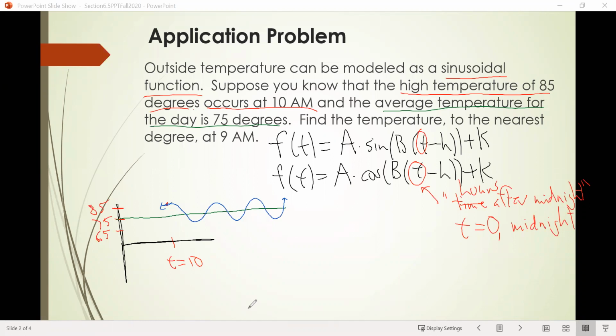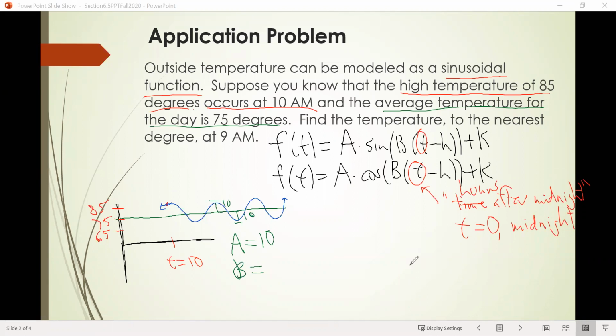Now let's see if we can figure out the information that we need for our function. First of all, hopefully we can see that our amplitude here should be 10 units, since the average is 10 units below the max. So we know our value for a would be 10. To find our value for b, we do 2 pi divided by the period.